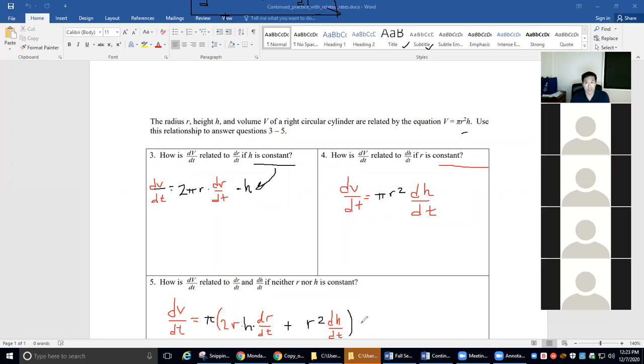So again, this is just product rule. She took the derivative of r squared first, so she decided to call this one her f function, and then this guy was her g. The product rule would be f prime times g plus g prime times f.